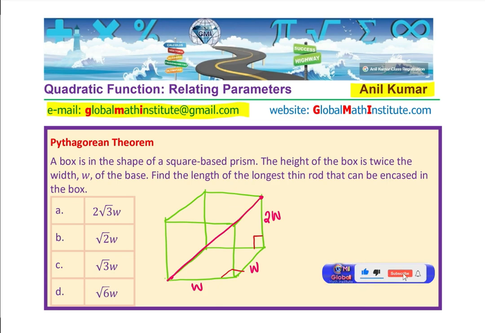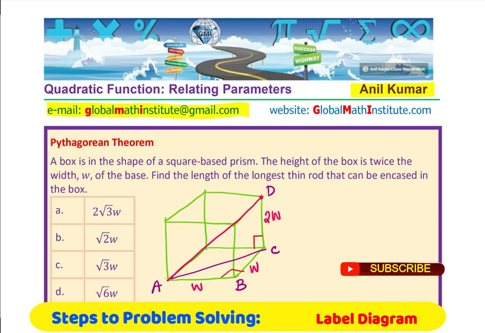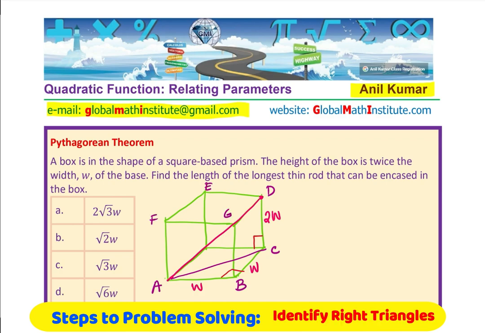So let's first find the diagonal which goes in the base itself. Let's label this A, B, C, D, E, F, G, H. So what is AC equal to? Can you tell me?